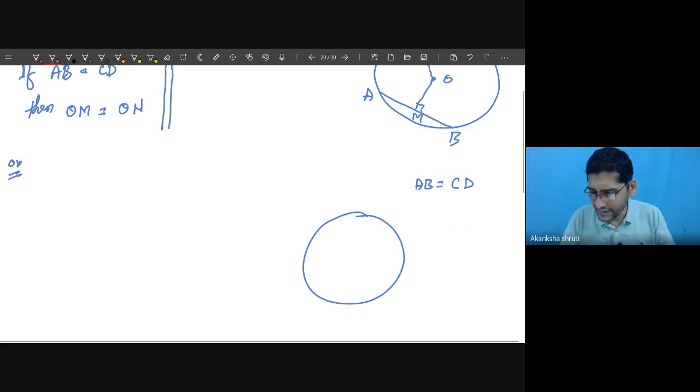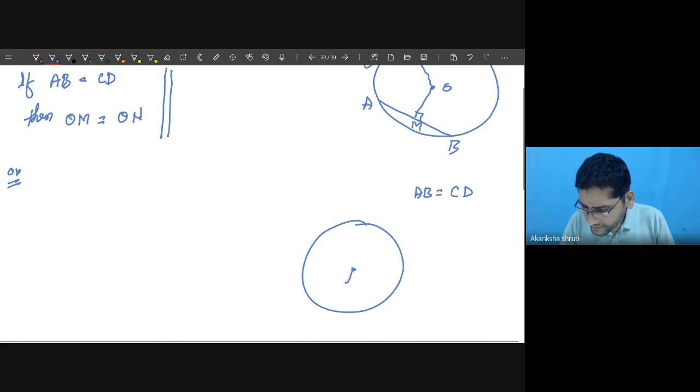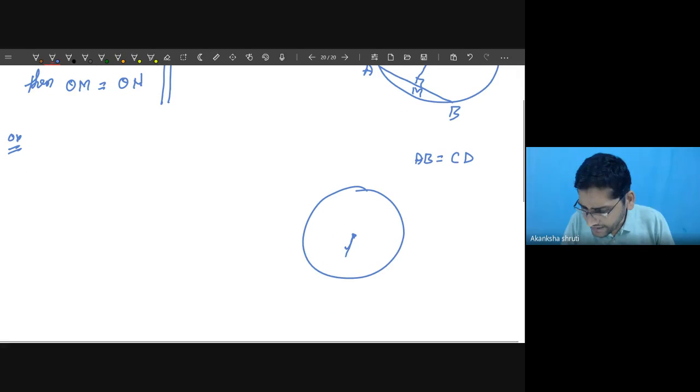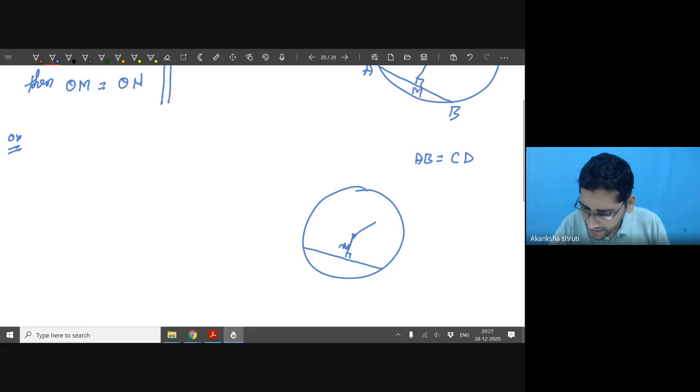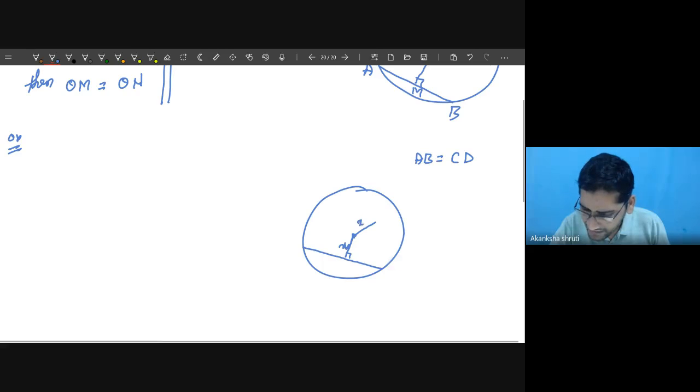If we are considering a circle, we are taking a certain length x. From here we want to draw a chord, and with the same length x on the other side, we draw the other chord.